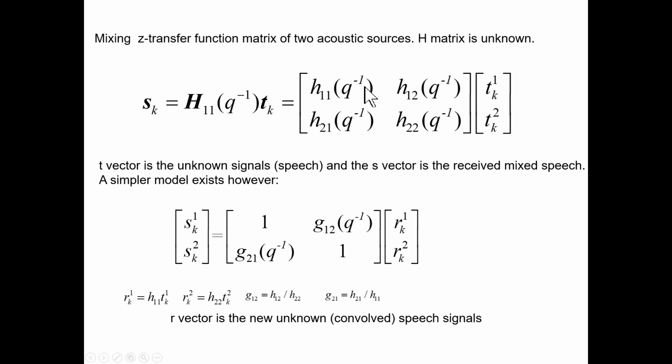You can simplify this a little by absorbing H11 into T1 and H22 into T2, and you get a simplified model with unknowns G21 and G12. That's an easier way for two only. Of course, blind source separation goes beyond just two inputs. It can have many more inputs than that.